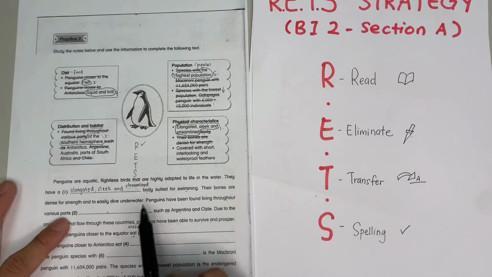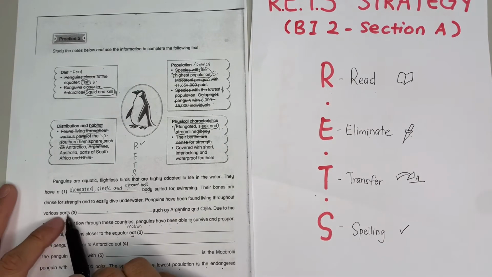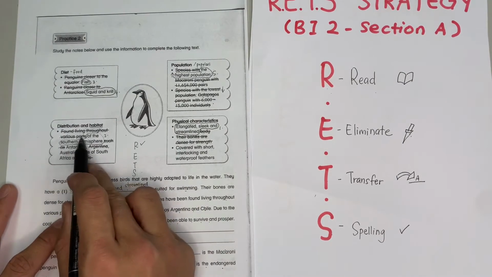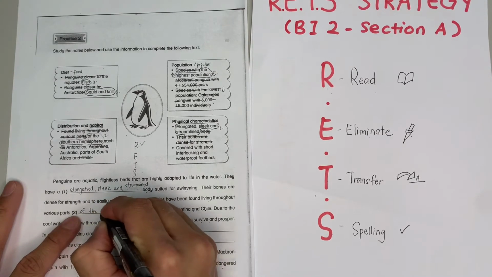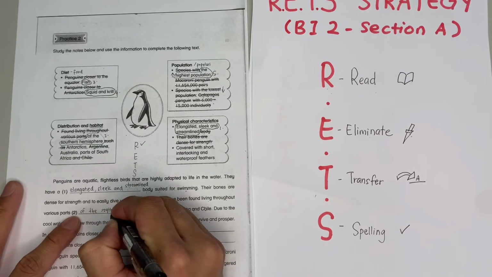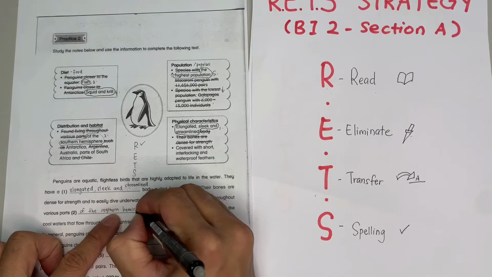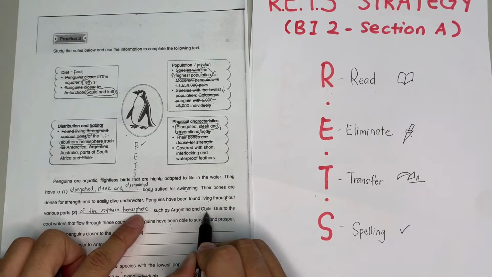Okay, number 2, penguins have been found living throughout various parts of the southern hemisphere, such as Argentina and Chile.